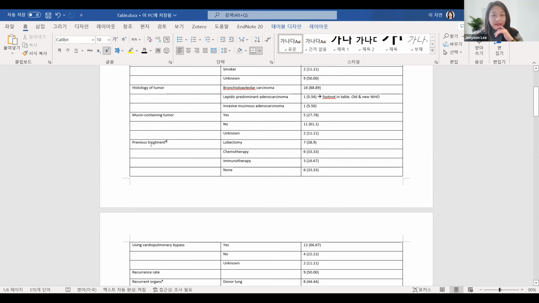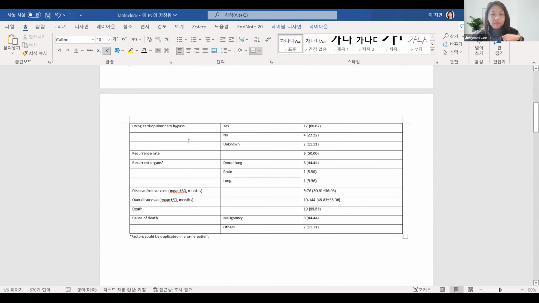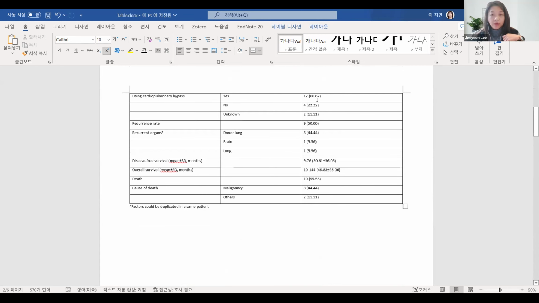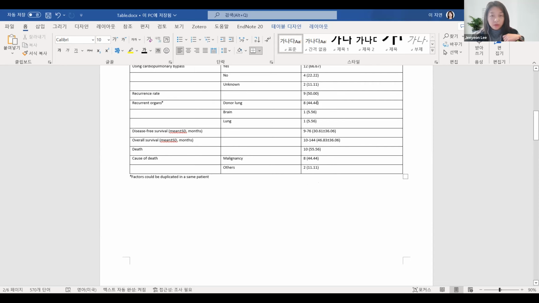And the previous treatment could be overlapped in one patient, so I will put it in a footnote. And fortunately, we could get the clinical data about using cardiopulmonary bypass. It was so important in our figure. I will show you later. And the recurrence rate was 50. And most of the organ was donor lung. And there was one case of a brain, one case of a lung.